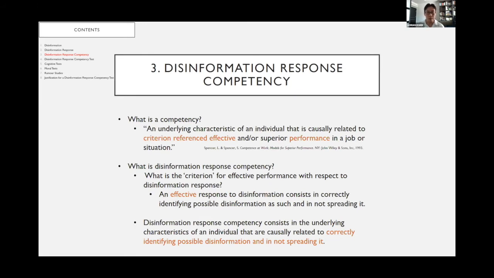So we can come up with this idea of a competency, which consists in the underlying characteristics of an individual that are causally related to correctly identifying possible disinformation and in not spreading it.